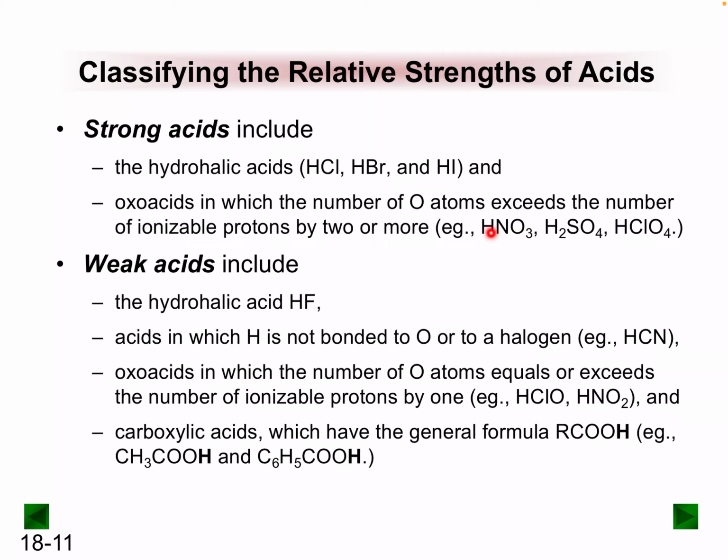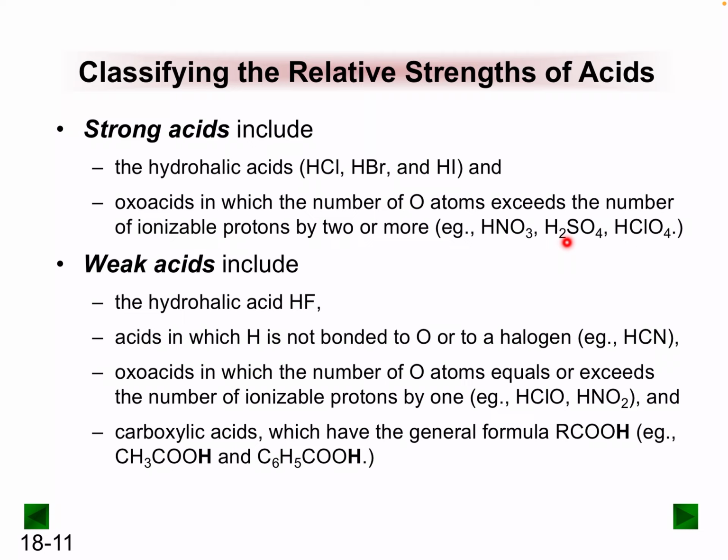Now here you have one ionizable hydrogen, and the number of oxygen atoms is 3. So in which the number of oxygen atoms, 3, exceeds the number of ionizable protons, in this case 1, by 2 or more, they are considered strong acids. So there are 3 oxygens compared to 1, it's a strong acid.